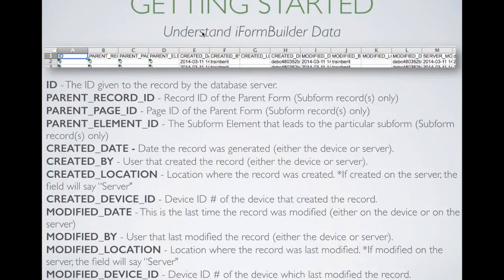So when you first open a form, that's that created date. Well, the modified date is the last time that you made a modification on that form. So there are 2 times that are being captured in the background. The same thing goes for the modified by, modified location, and modified device type ID. That's the last time that the user is in that form before they have synced it to the cloud.